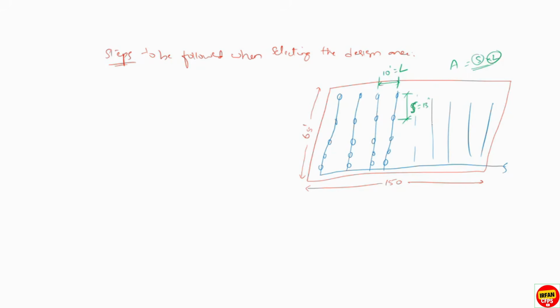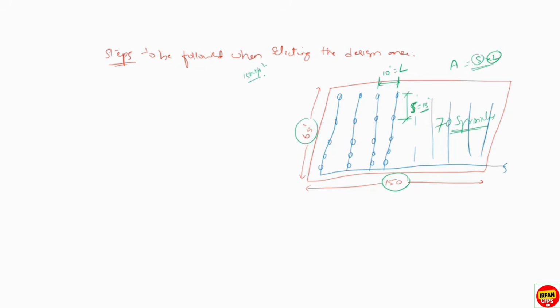Now I need to select the design area for this particular floor or room. So based on these dimensions, for example, I got 70 sprinklers required in this entire floor. Okay, but the design area will not consider 70 sprinklers, right? We will consider based on the design area of operation.